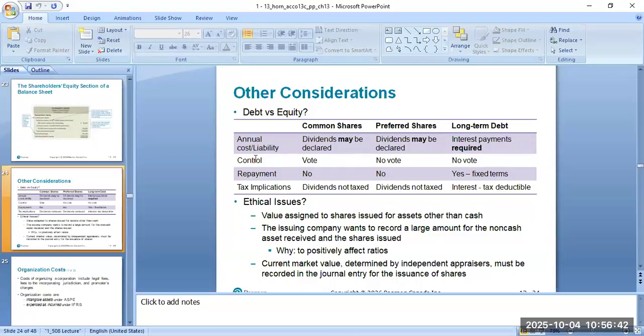However, if you issue shares, common shares may have voting rights, so you may lose control of the company. With the preferred shares and the debt, there's no such problem.